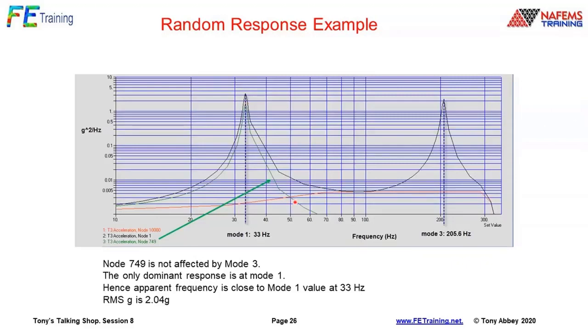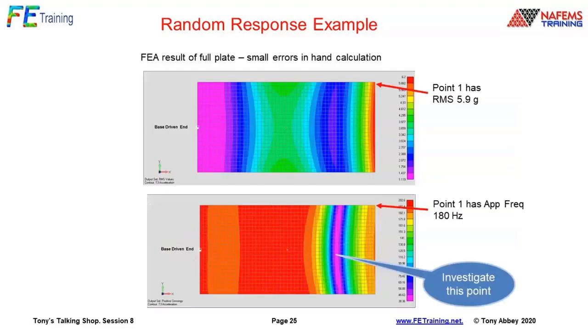What's happening is that mode 3, the second bending mode, is actually getting snubbed out there because it's a nodal line. There's no response, so it's basically deflecting down, then deflecting up, and going through a zero line through here for that mode 3, the second bending mode.